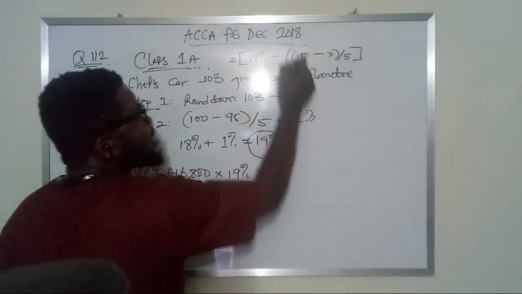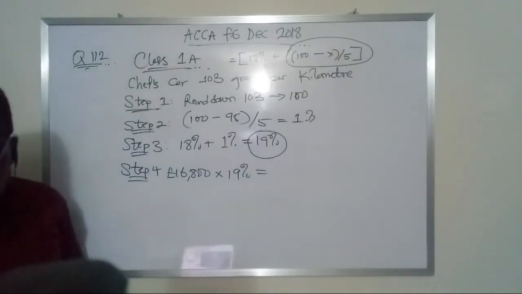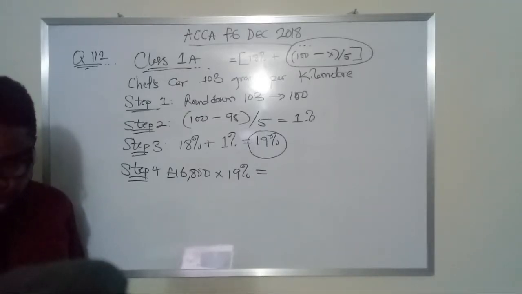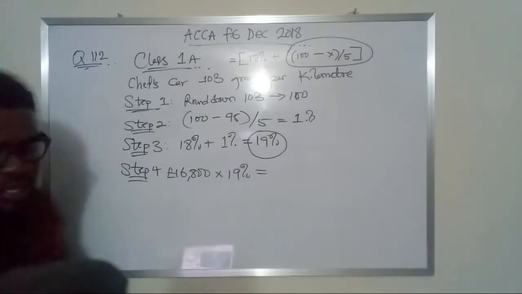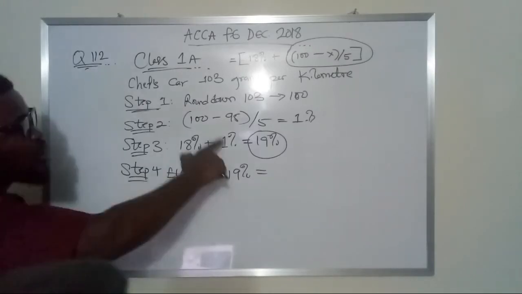This is the part in trying to find the additional, which is the part of the formula. So do you understand? Okay, we are there. So in getting that additional, what we got is 1%.